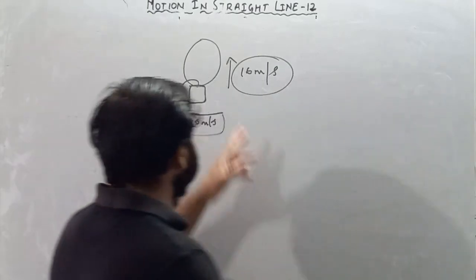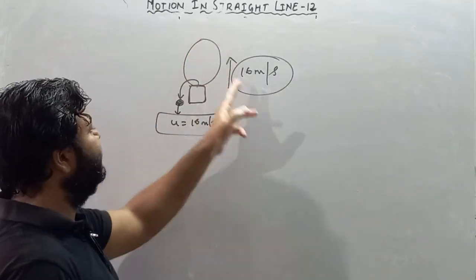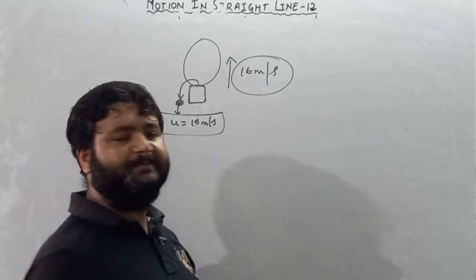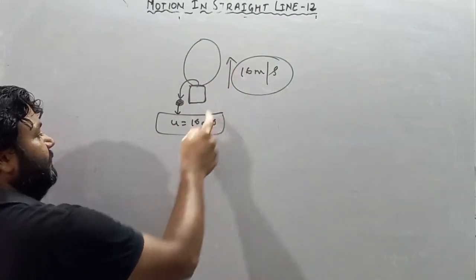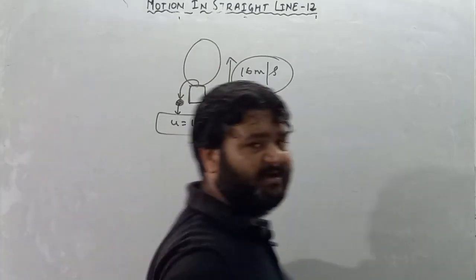So my dear student, here the balloon is moving in upward direction with velocity 16 meter per second and we are dropping a particle. So the velocity of the balloon will be the initial velocity of the stone.